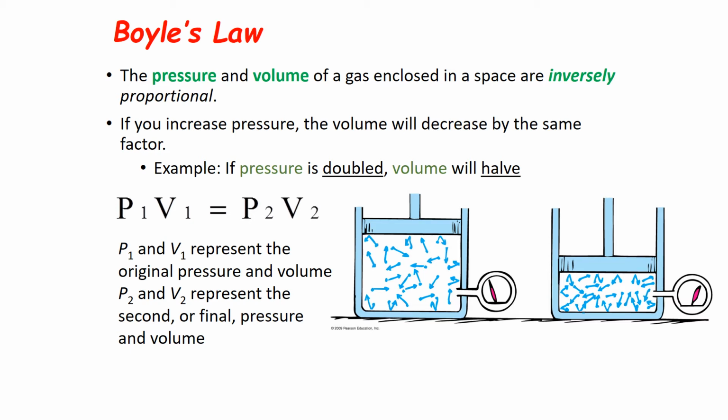All of this is governed by this equation: pressure P1 multiplied by volume V1 is equal to pressure P2 multiplied by volume V2, where P1 and V1 represent the original pressure and volume, and P2 and V2 represent the second or final pressure and volume, as shown in the figure.